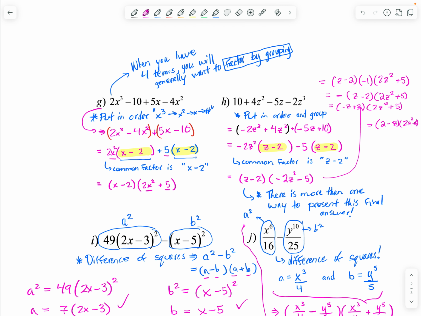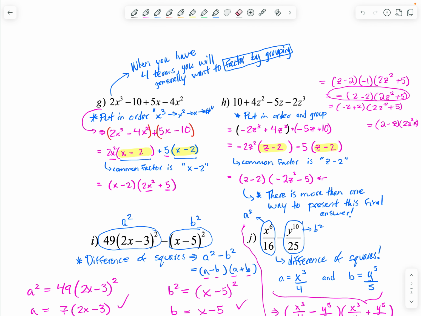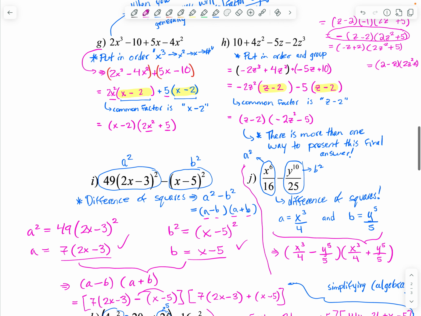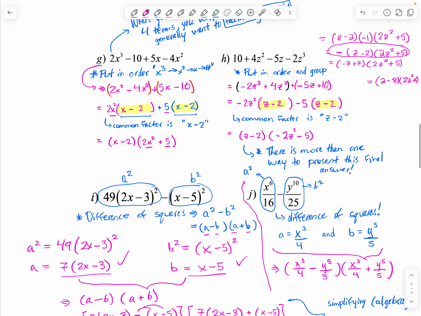So that's also a valid answer, because all I did from here to here was I just took the 2, put that in front, and put the negative z at the end. That works as well. So these are all valid answers. Generally, we want to have the z in front, though, so that this answer would probably be the best out of all of them. But this works too. So there's more than one way to present the answer. As long as the logic makes sense, that's what matters.